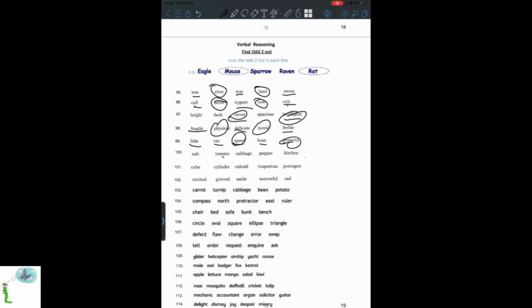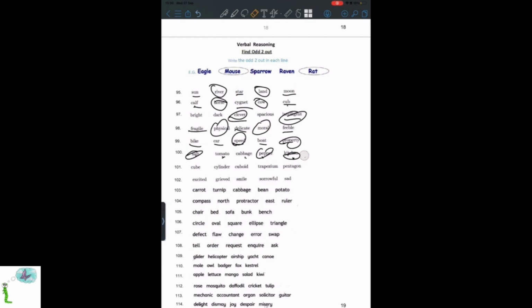Salt, tomato, cabbage, pepper, kitchen. So you might think salt and pepper are together, right? But kitchen doesn't go with it, and neither does tomato, cabbage, kitchen. So the rule can't be that. It can't be about salt, pepper, kitchen.